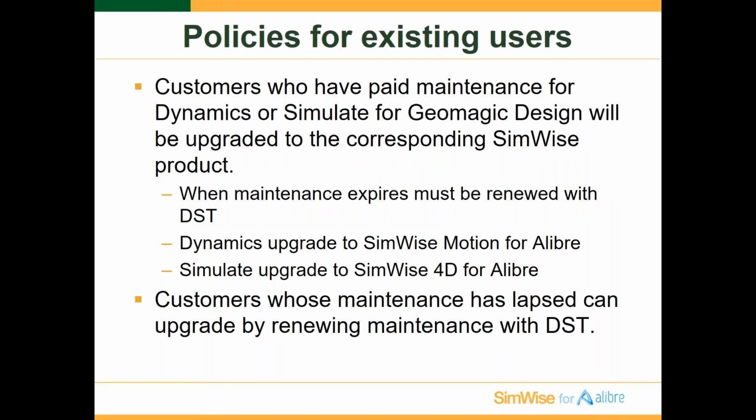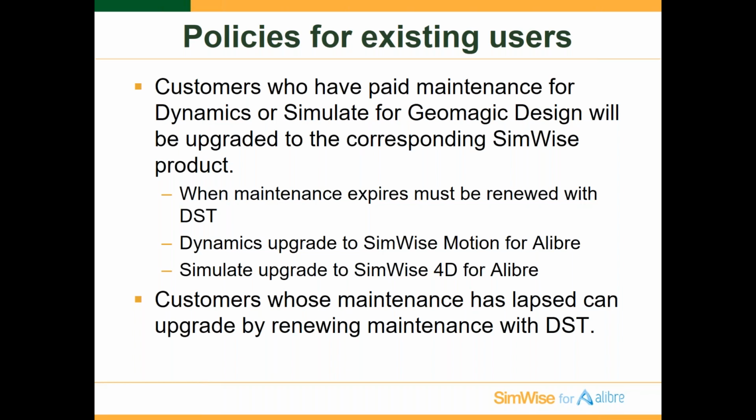For those users that we have that were using the Dynamics or Simulate products for Geomagic Design, any customers who are under maintenance for those products will be automatically upgraded for free to the equivalent SimWise for Alibre product. So if you're using Dynamics and you're under a current maintenance contract, you'll be upgraded to SimWise Motion for Alibre.